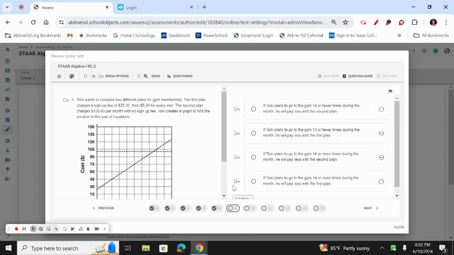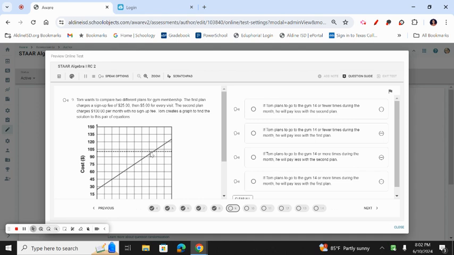Alright, so Tom wants to compare 2 different plans for gym membership. The first plan charges a $25 sign-up fee, then $5 for every visit. The second plan just charges $100 per month with no sign-up. Tom creates the graph to find the solution to this pair of equations. So wherever they intersect, that's going to be when they equal each other.